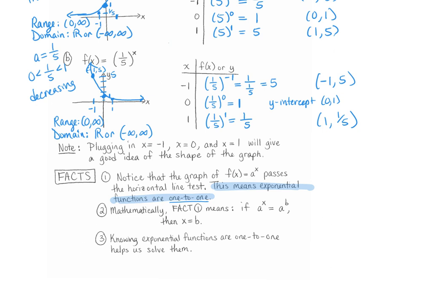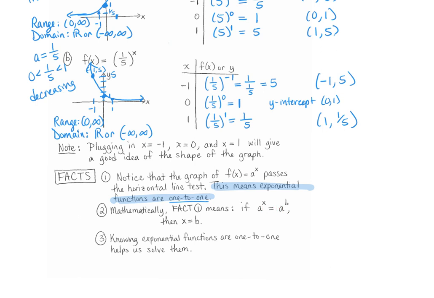Whenever you have two exponential functions equal to each other and those exponential functions have the same base, what does that mean about their exponents? They equal each other. You got it, because exponential functions are 1 to 1. Do we need to say it one more time? Okay, so let's say it one more time then. When you have two exponential functions with the same base, what does that mean about their exponents?